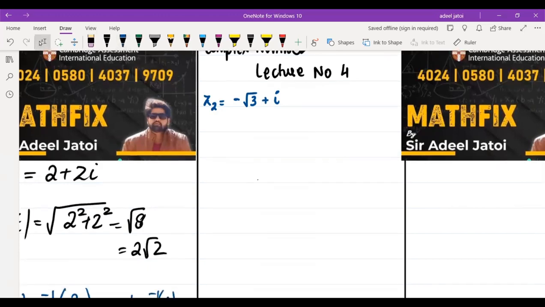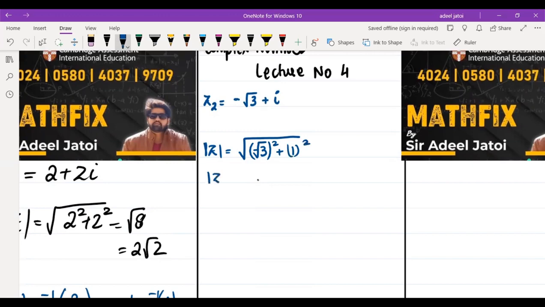That clearly indicates that if I want to find out the modulus of Z, we need to work upon the values. So this should be under root 3 whole square. Even if I take negative, negative, negative will become positive. Similarly, we'll have 1 square.